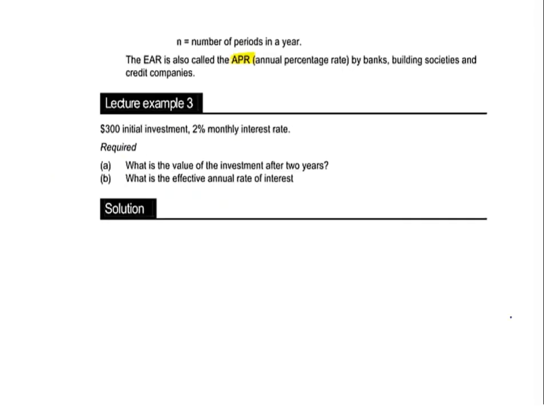Here then we've got $300 being invested initially, and we've got a 2% monthly interest rate. And we first of all need to work out how much that investment is going to be worth after 2 years. We've got a monthly rate of interest, so in 2 years we've got 24 months or 24 lots of interest.